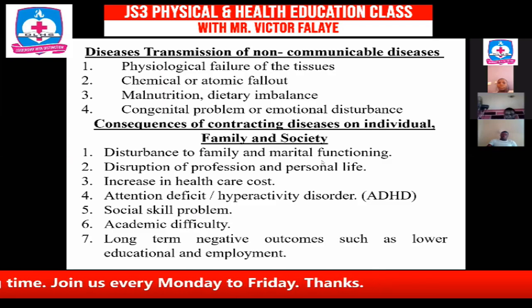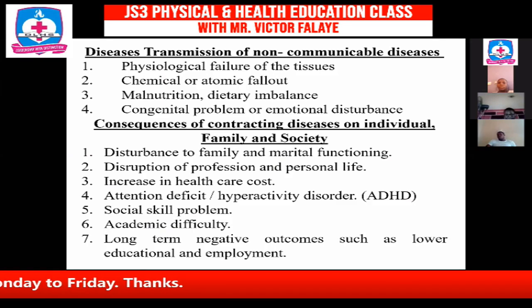So all these aspects of emotional disturbances, you don't know what to do, or demise of a family member or loved one, and then that individual has just lost a loved one, so downcast, depressed, can cause disturbances in the family.